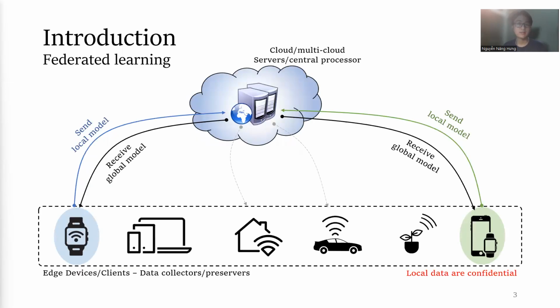To start with, let me introduce the traditional Federated Learning paradigm. In the last few years, the number of mobile and IoT devices, as well as their computing power, has been rapidly growing, which gives rise to concerns about the data privacy.